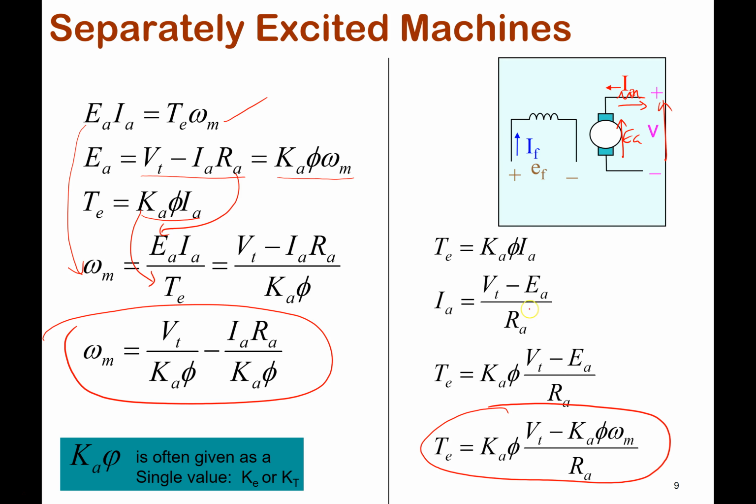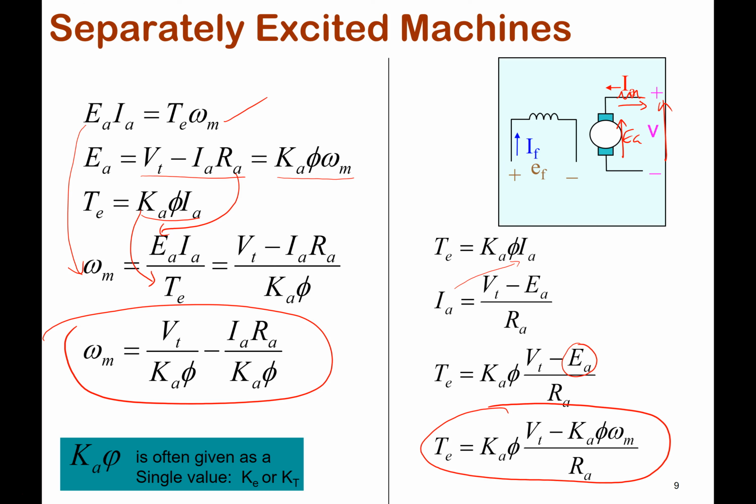And I substitute this, and I get Ka phi VT minus EA on RA. And of course EA I know is Ka phi omega m. So I could substitute that in, and that gives me this equation for the torque.